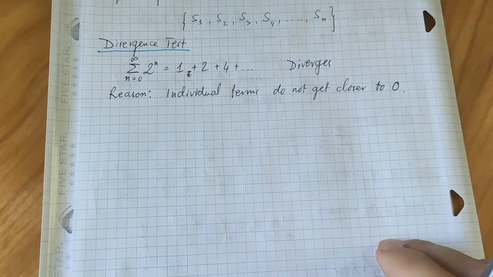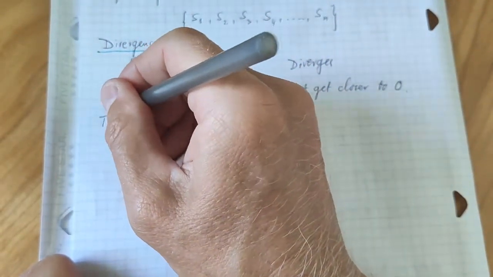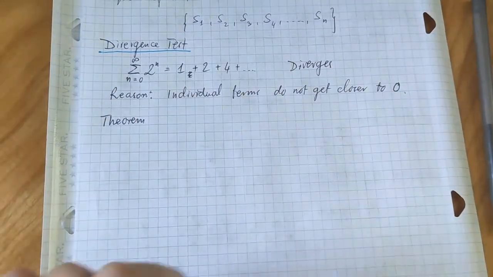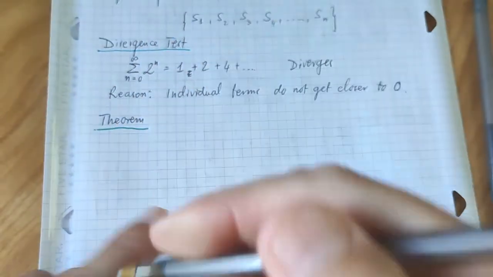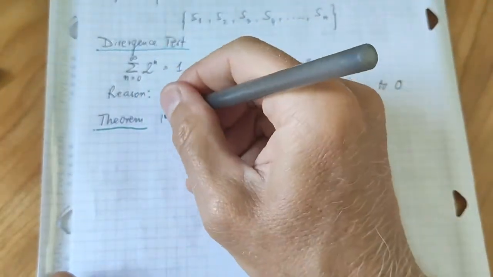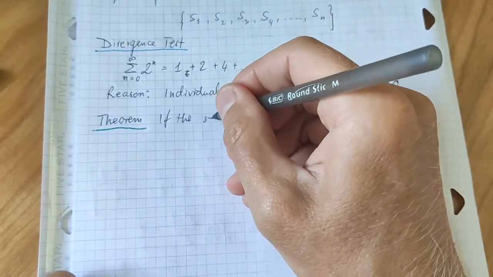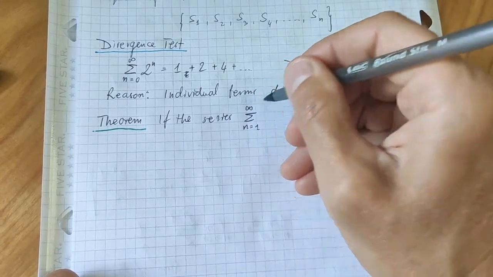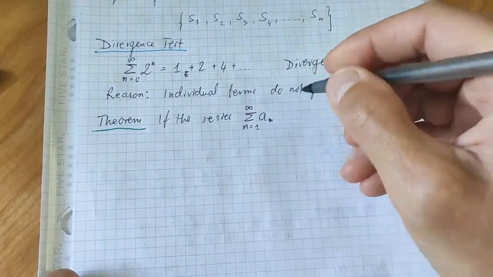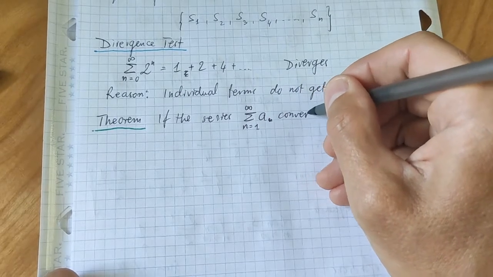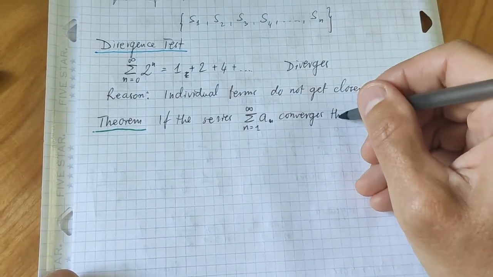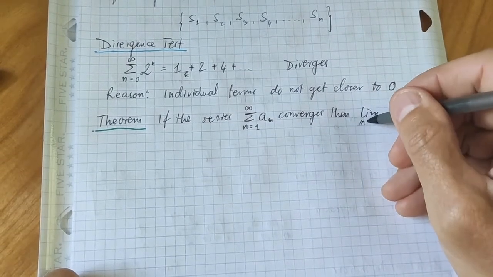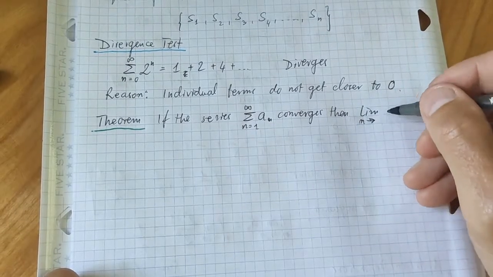Let's put it in a formal way, in the form of a theorem. If the series from 1 to infinity of a sub n converges, then those individual terms tend to 0.